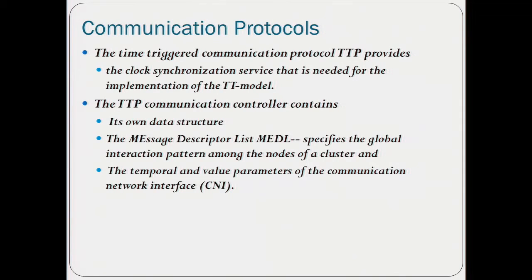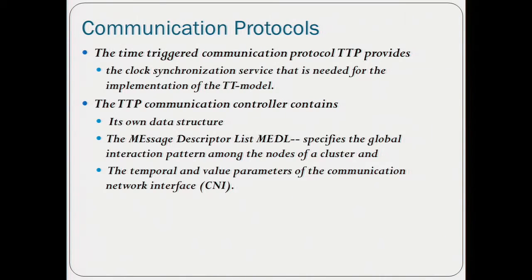So the time trigger communication protocol, that is the one that we just talked about before, in the sense of how you agree on the interface, is the mechanism that provides the clock synchronization service, right?